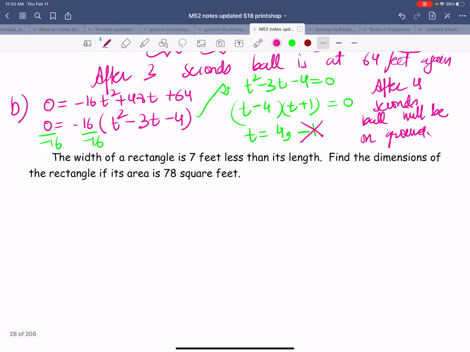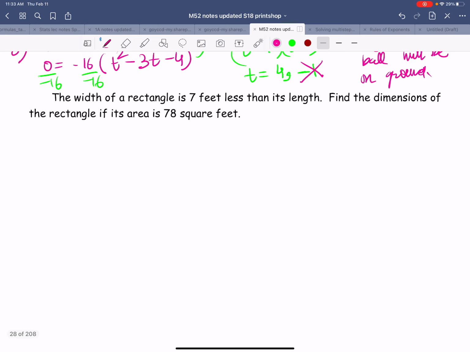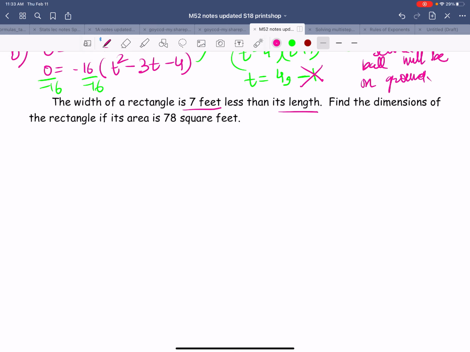Next example: the width of a rectangle is 7 feet less than its length. Find the dimensions of the rectangle if the area is 78. Okay, so let's think about the width. Let me draw a rectangle really quick. We don't know the width, we don't know the length either, but we do know the width is 7 feet less than the length.